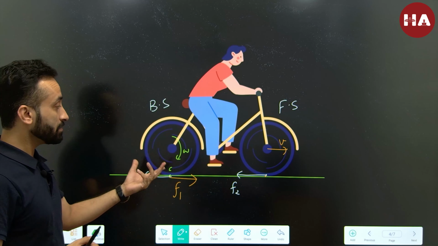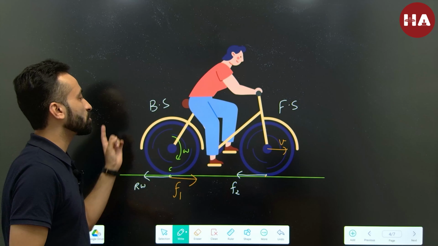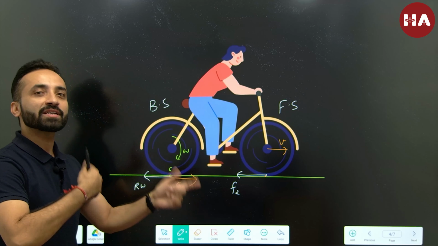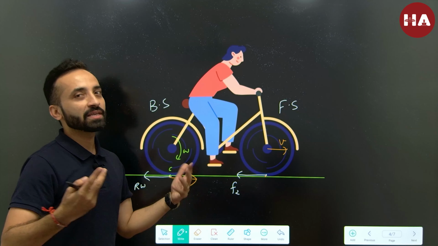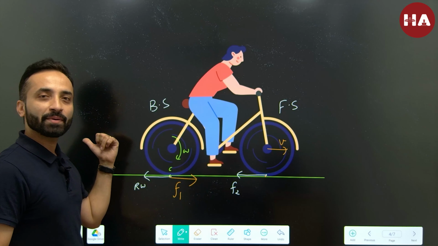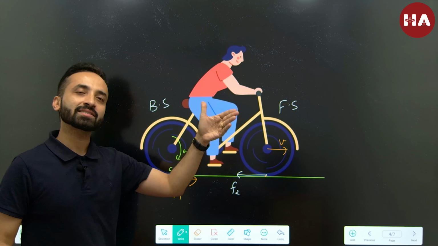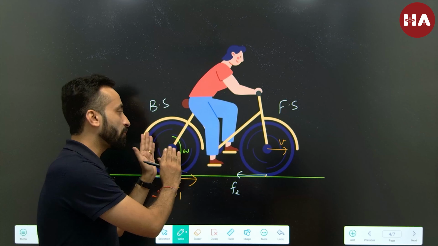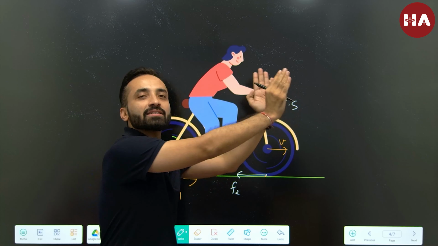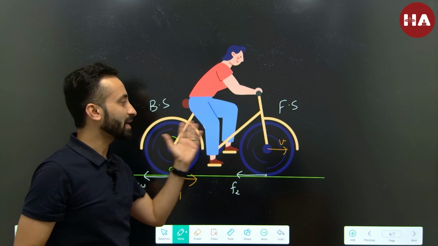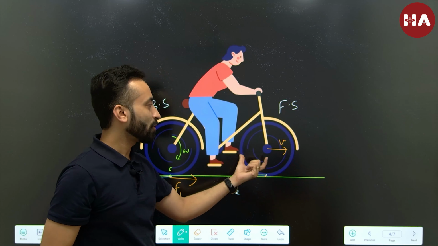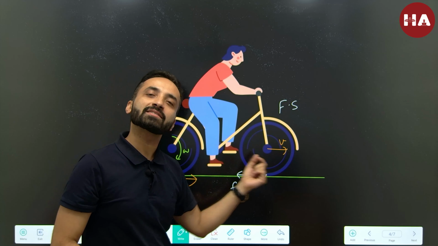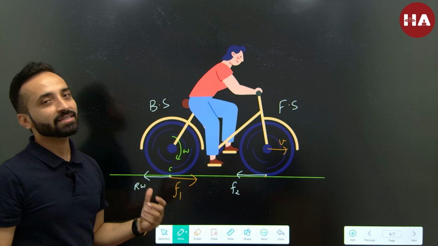We are just rotating the back wheel. As it is rotating, it is acquiring omega, but there is no v, so this point starts slipping backward. Friction acts forward. Since it acts forward, the cycle starts moving, and when the cycle starts moving, the front wheel starts slipping forward, and friction acts backwards.